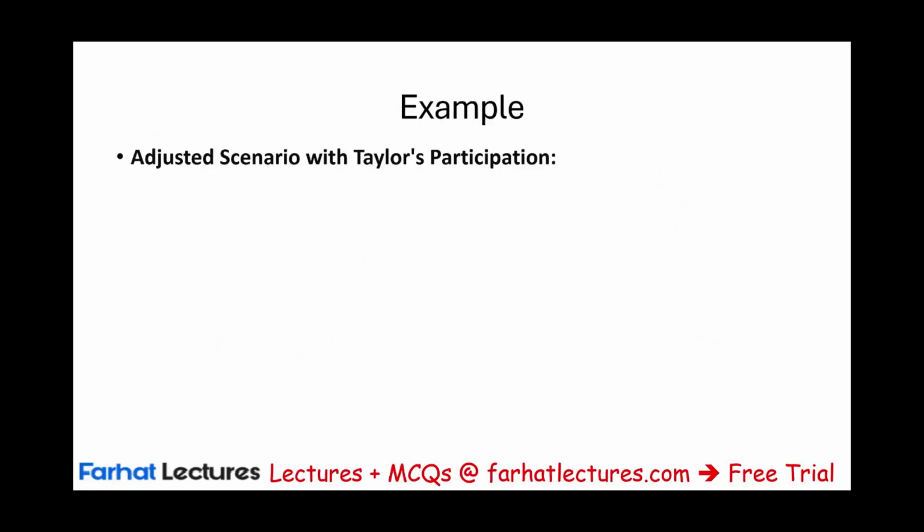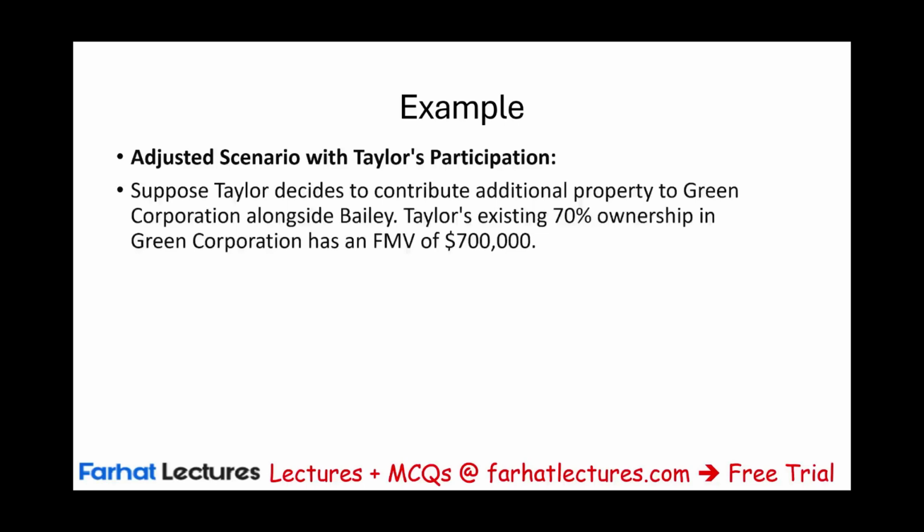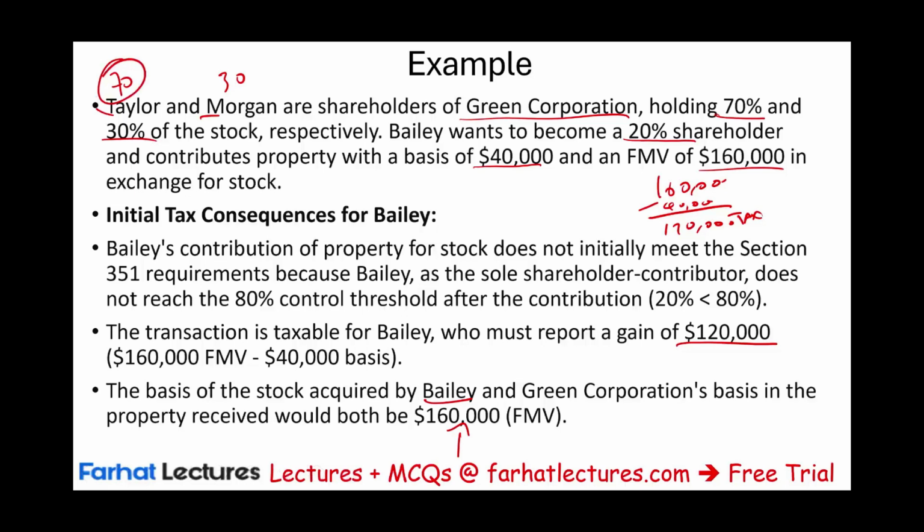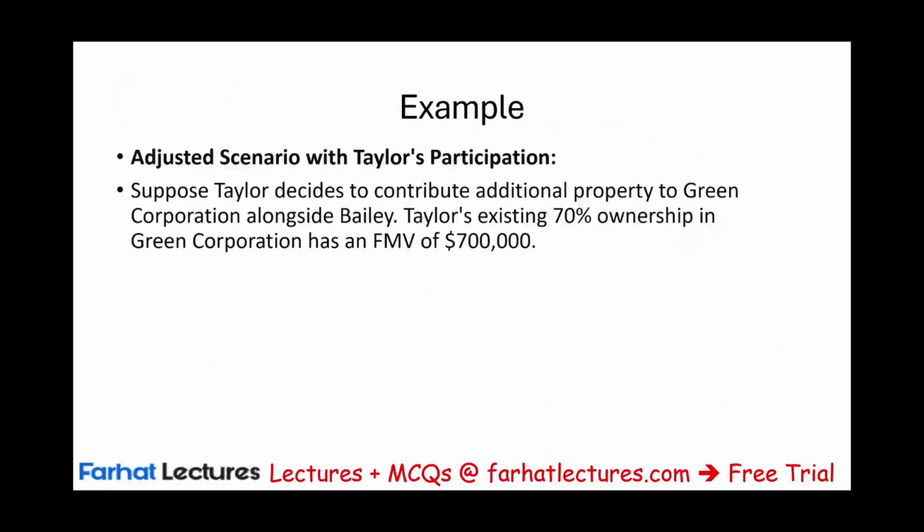Now let's change the scenario a little bit. Remember Taylor in the example here already owns 70%. Let's assume Taylor decides to contribute additional property to the corporation along with Bailey. So now we're going to get Taylor plus the new owner, Bailey. Together they're going to contribute the property.